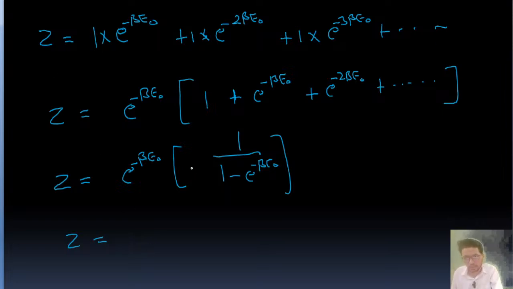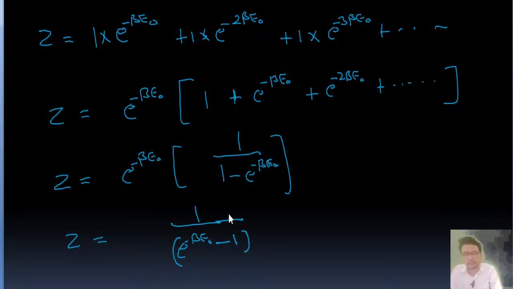So this value is going to be 1 upon e to the power beta E naught minus 1.